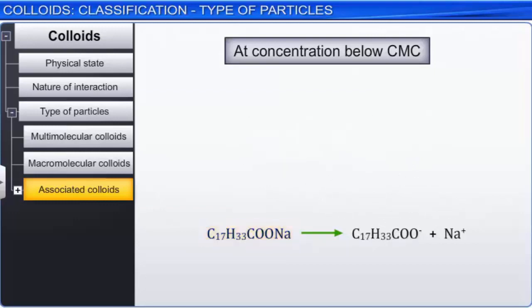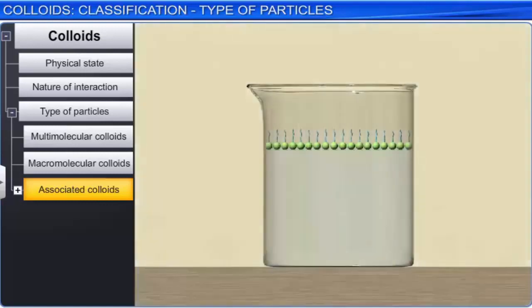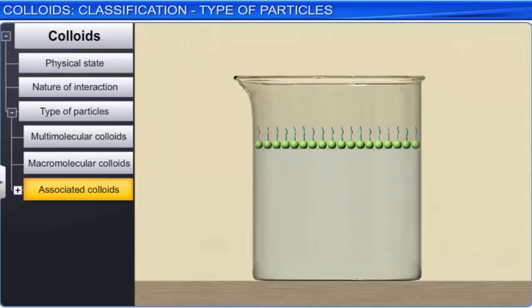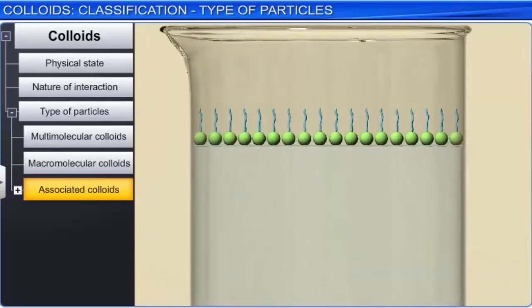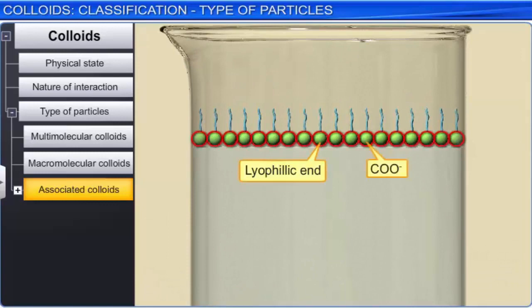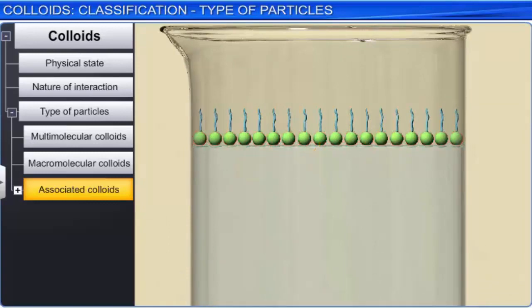These stearate ions remain on the surface of water and orient themselves in such a way that the lyophilic COO⁻ end dips in water, while the lyophobic C17H35 part stays away from it. At the critical micelle concentration, the polar COO⁻ part is pulled into the bulk of the solution.